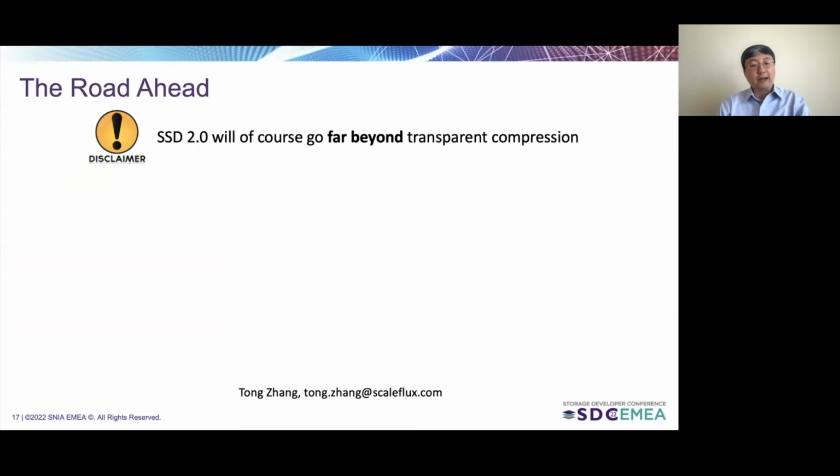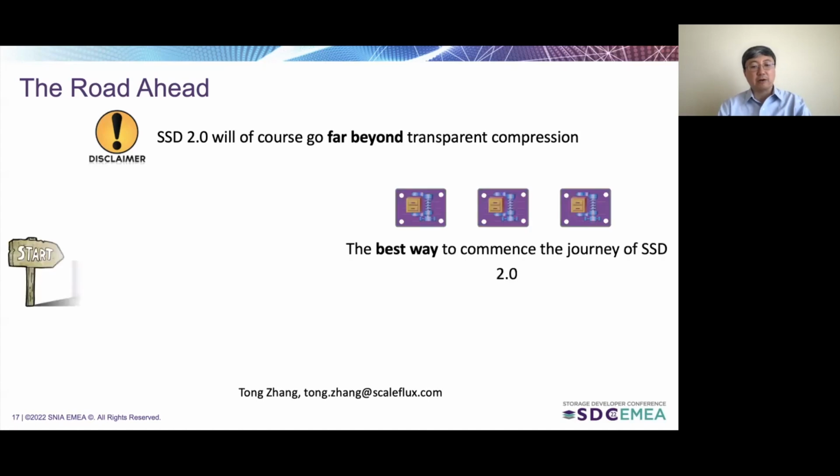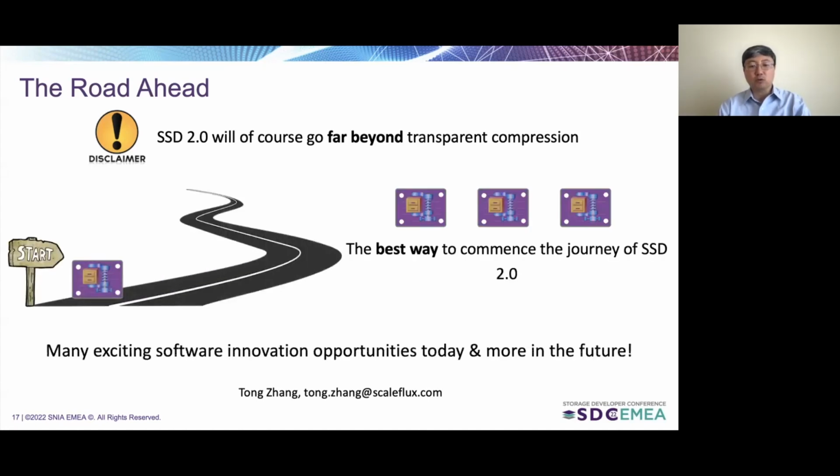To clarify, I'm not saying that SSD 2.0 is only about integrating transparent compression capability into SSD. We believe that transparent compression is the best way to start this exciting era of SSD 2.0. And we, of course, have a long way to go to unleash the full potential. And there are many challenges and innovation potentials along the way.